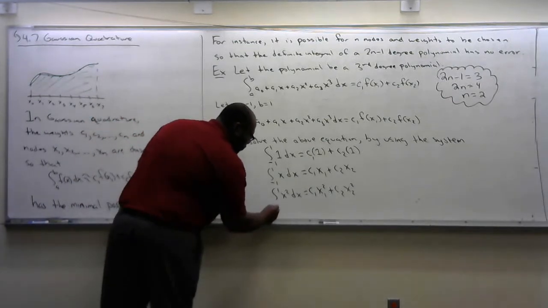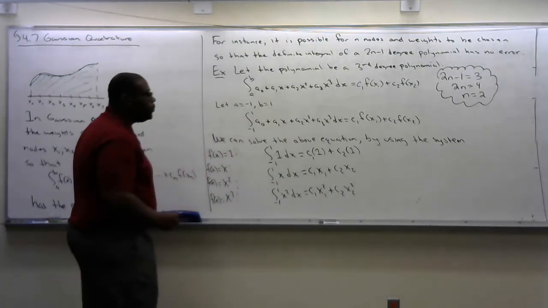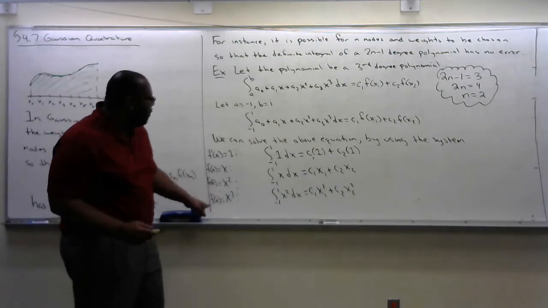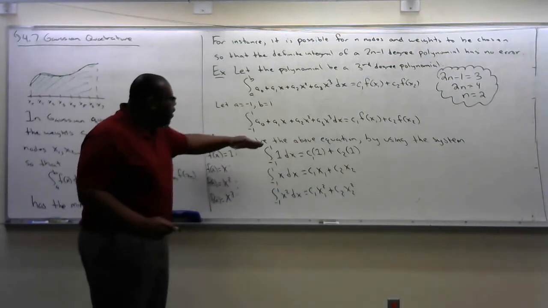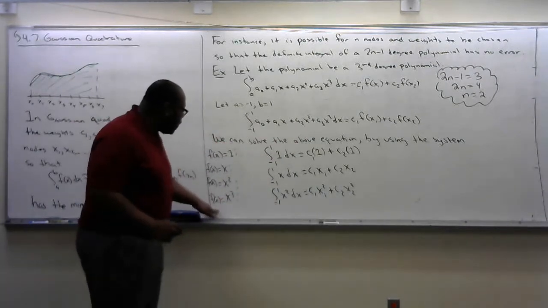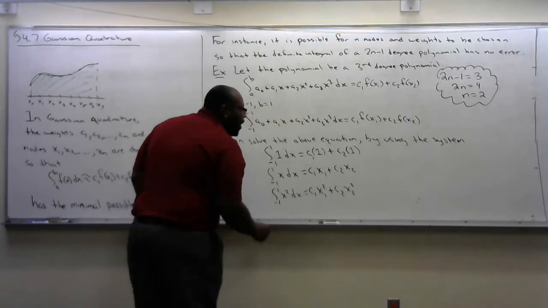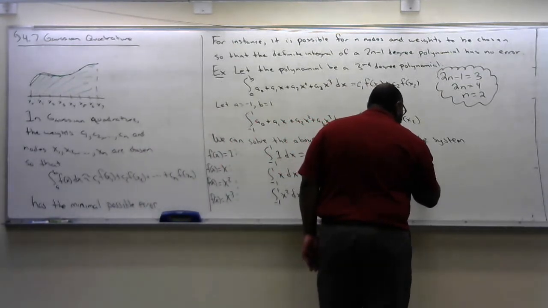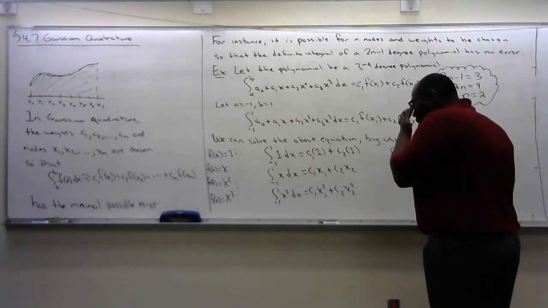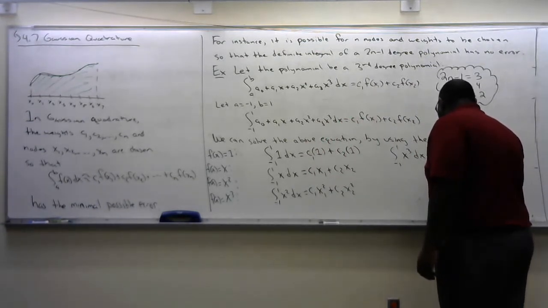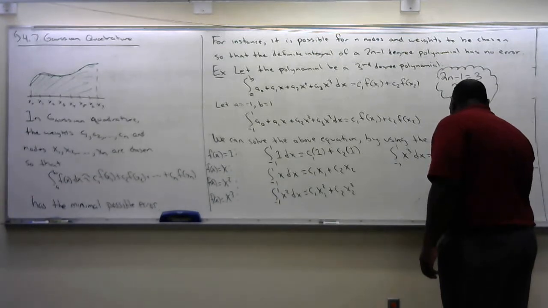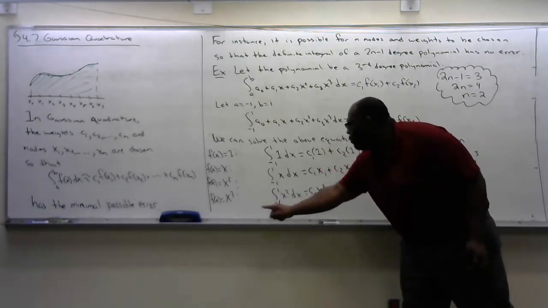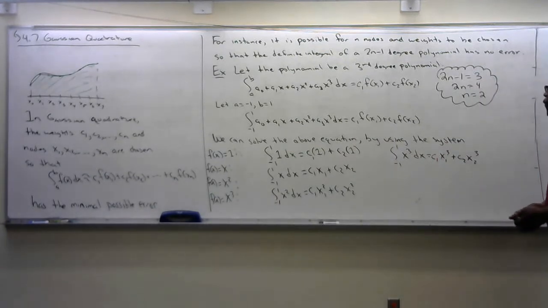And finally, x cubed. If this statement is true, then the integral from -1 to 1 of x cubed dx has to be equal to c1 x1 cubed plus c2 x2 cubed. This is the last condition. So I have 4 equations.